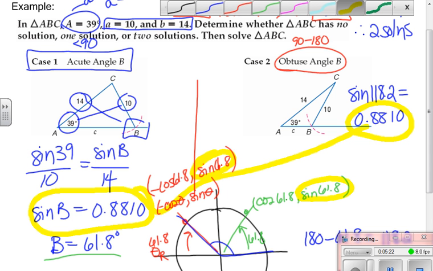That obtuse angle, with the reference angle subtracted from 180, is going to have exactly the same sine value because of the way those ordered pairs work. Both a 61-degree angle and its reference angle go up 61 from 180 to get to 118.2.